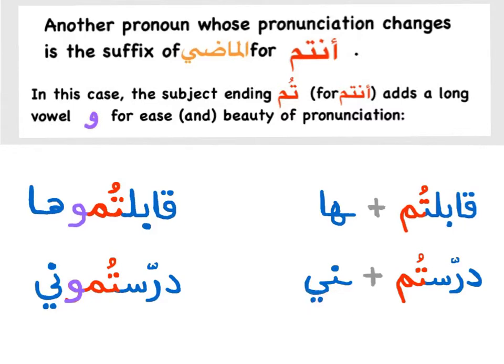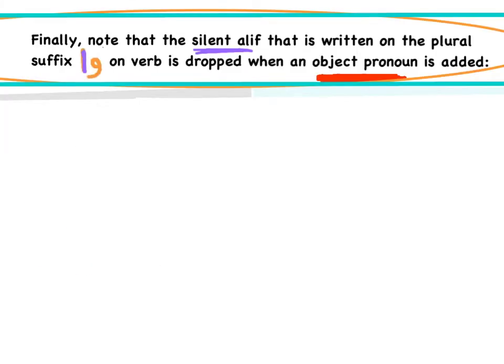درستم ni, you cannot pronounce that, so درستموني. Finally, note that the silent alif that is written on the plural suffix waw on a verb is dropped when an object pronoun is added.